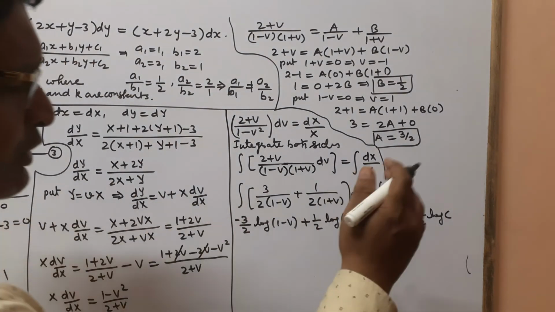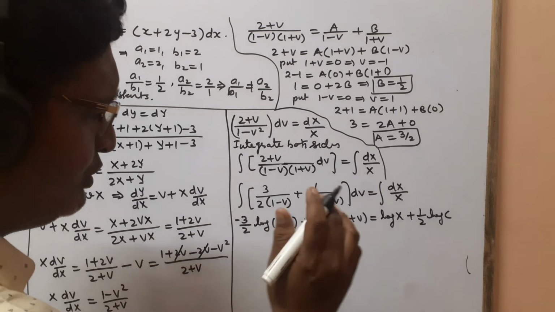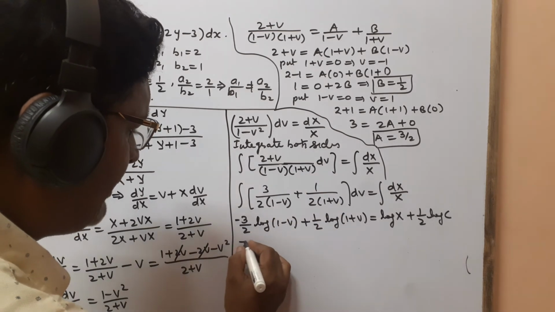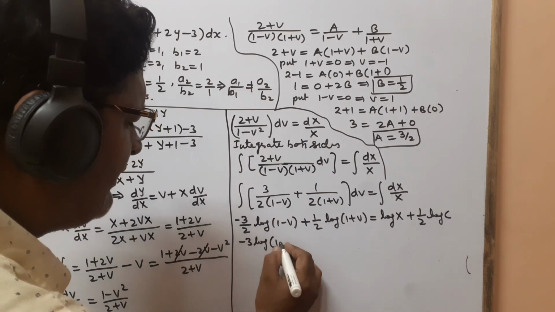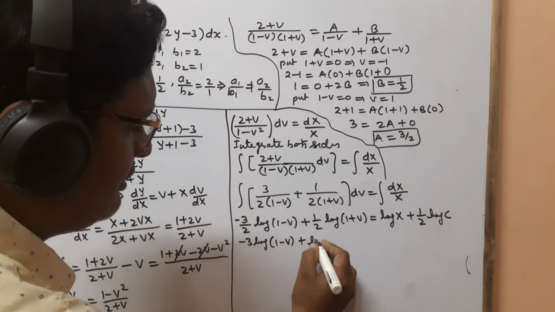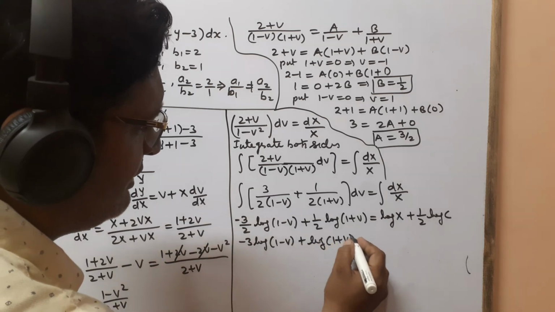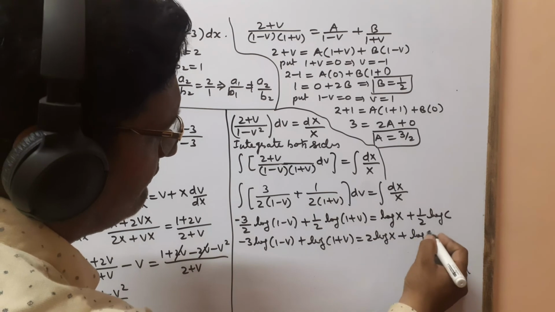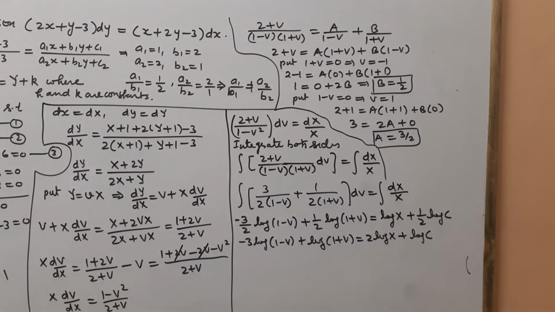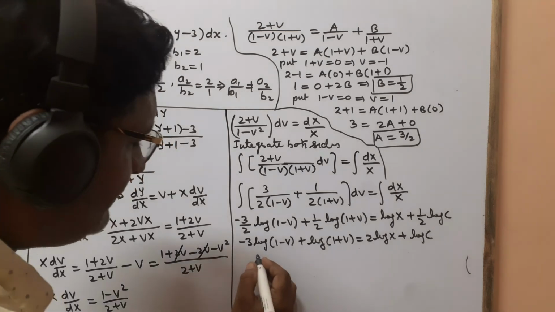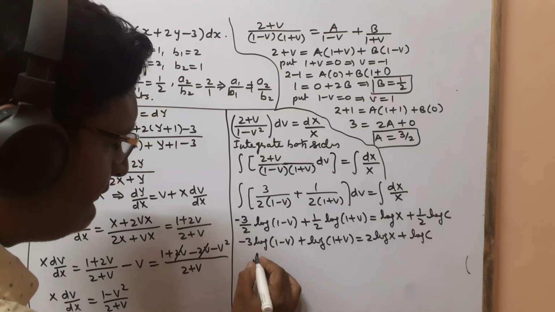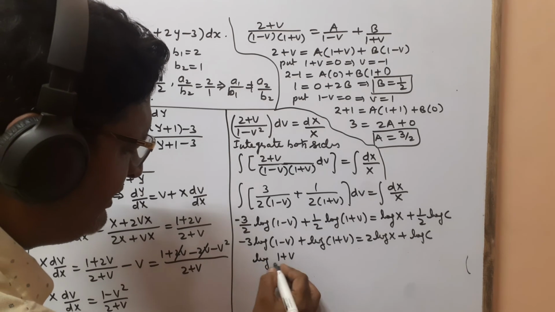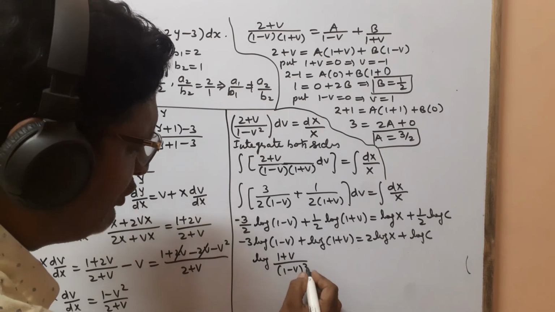Now we multiply the whole equation by 2, so we get −3 log of (1 − v) plus log of (1 + v) is equal to 2 log of x plus log of c. Now we solve both the sides, so we get log of (1 + v) divided by (1 − v) whole cube.